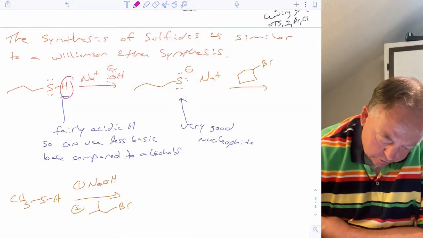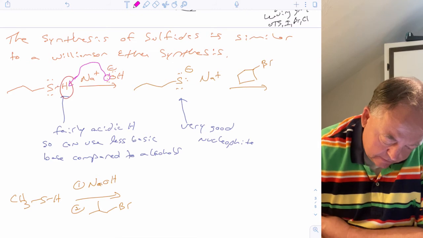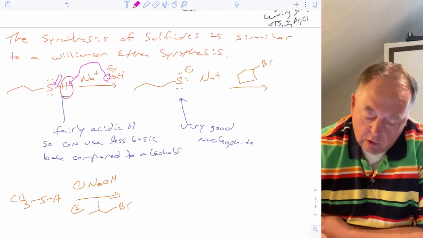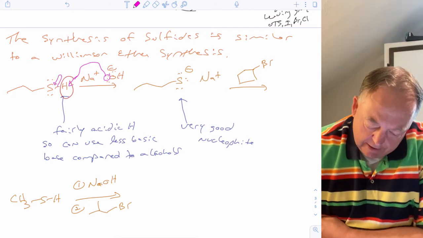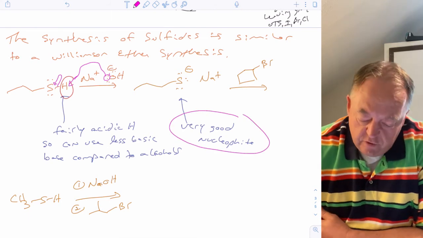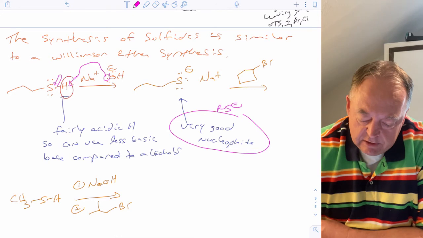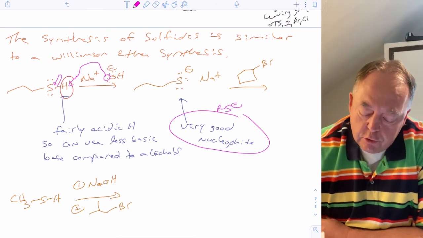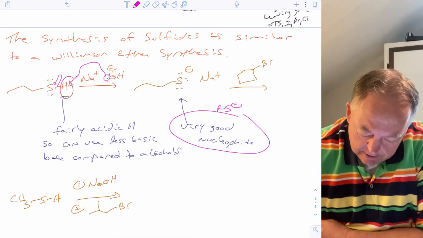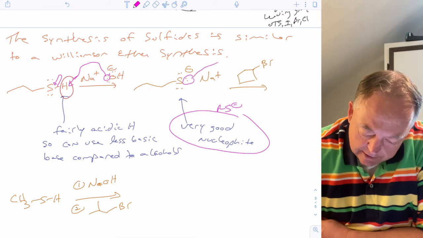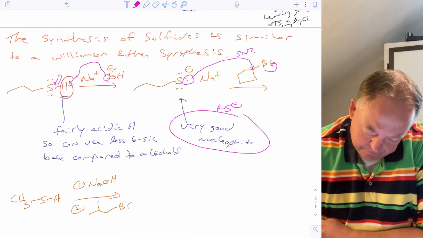So if you react this with hydroxide, OH minus will take that hydrogen off, and the SH electrons will become a lone pair on sulfur. And so now you have a very good nucleophile. If you remember our S minus from chapter 6 in organic 1, that's a good nucleophile. So this can do an SN2. So now S minus can attack carbon and kick bromine off, and that's an SN2 reaction.